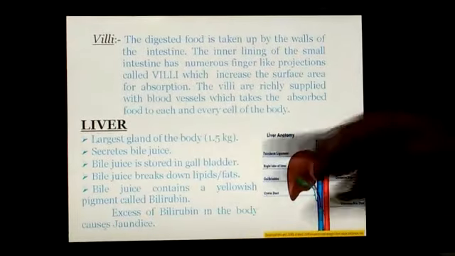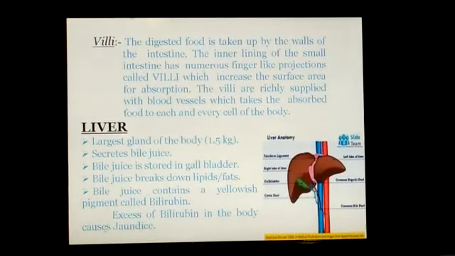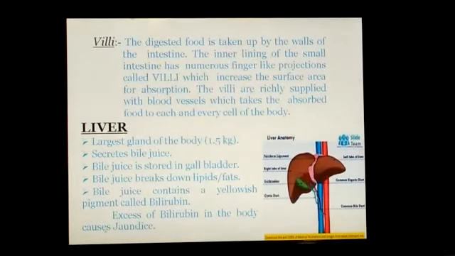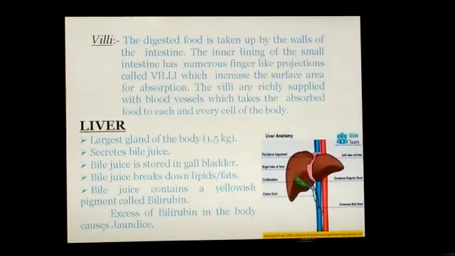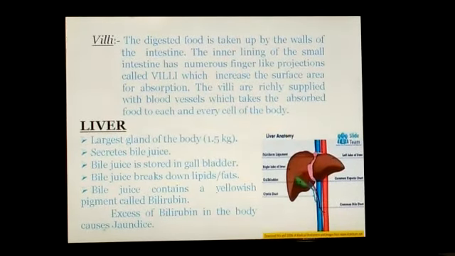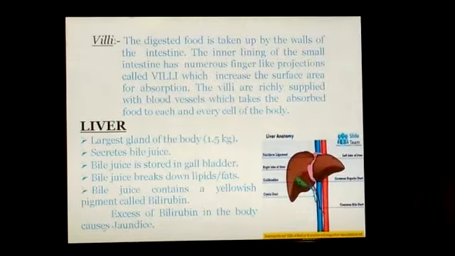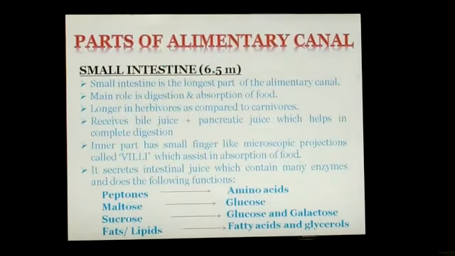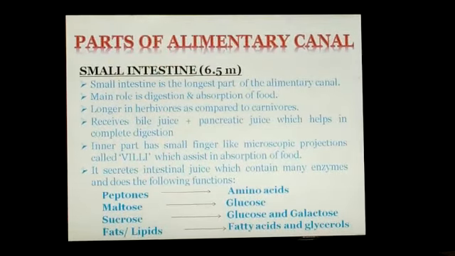And the bile juice helps to digest lipids and fats. It will digest the fats and lipids present in your body into their simpler forms. As I have already discussed in the previous slide, fats and lipids can be broken down into fatty acids and glycerol.